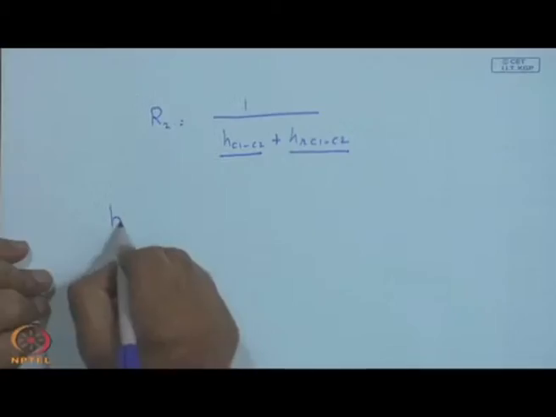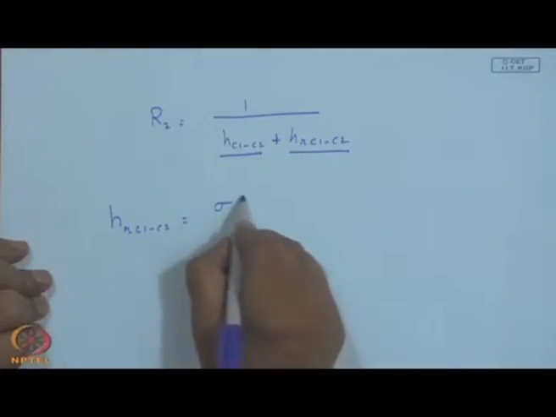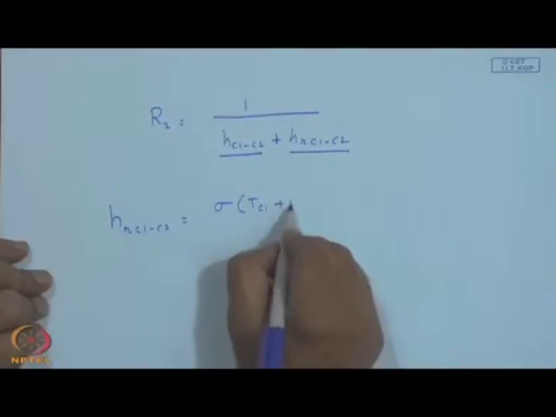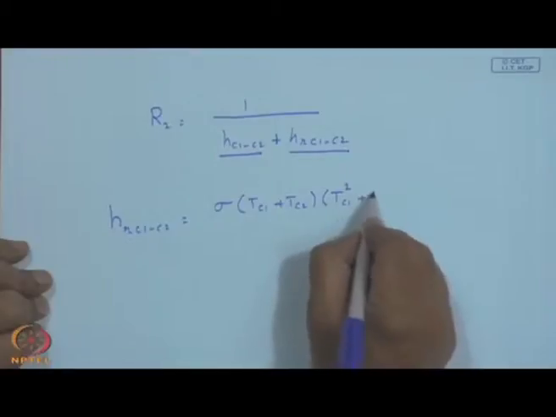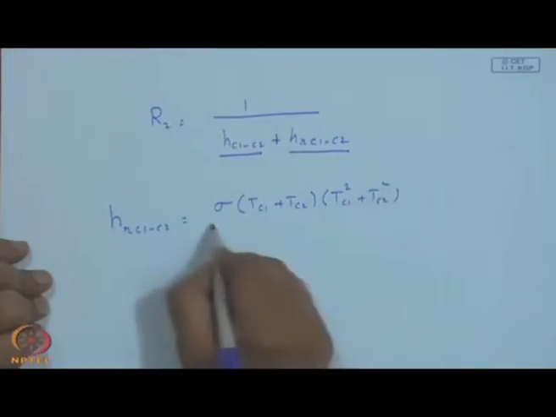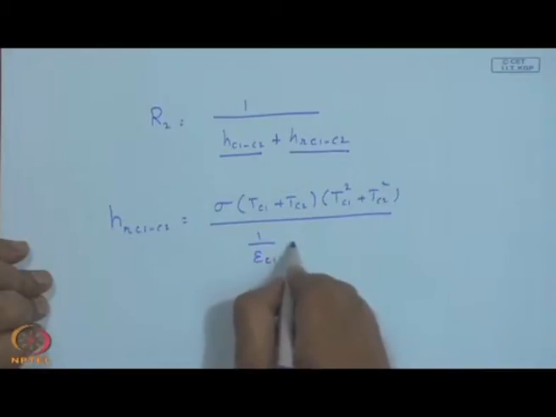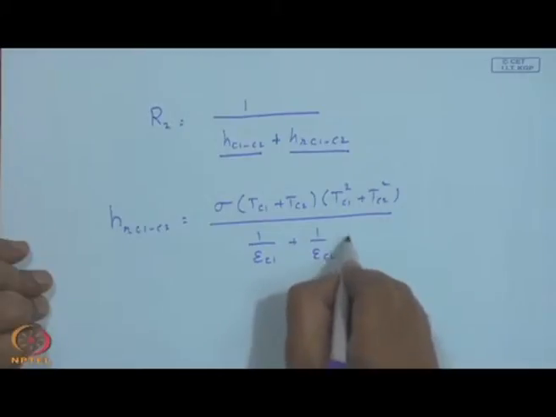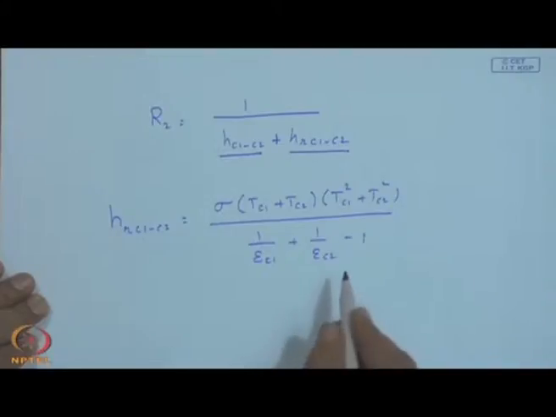So, you can again write H_R C1 C2 as sigma times (T c1 plus T c2) times (T c1 squared plus T c2 squared), this is exactly similar to H_R P C1, where we wrote T p plus T c1 into T p squared plus T c1 squared, upon the corresponding emissivities.